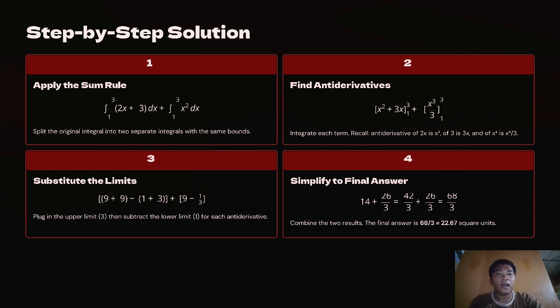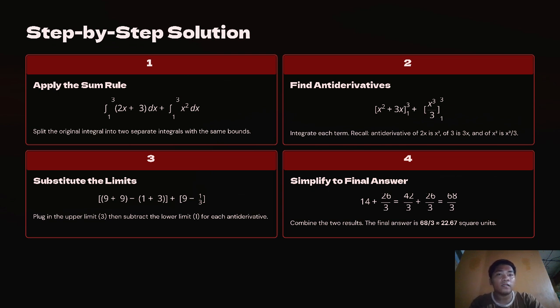Next, we find the antiderivatives. The antiderivative of 2x is x squared, and for 3, it's 3x. For x squared, the antiderivative is x cubed over 3. Now, we evaluate each expression using the limits from 1 to 5. Substitute the upper limit, then subtract the value at the lower limit.